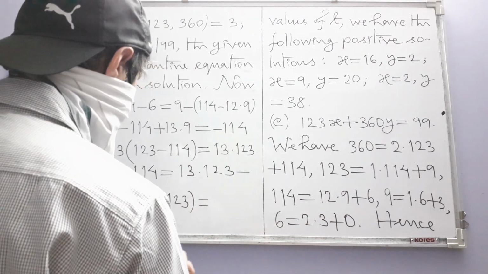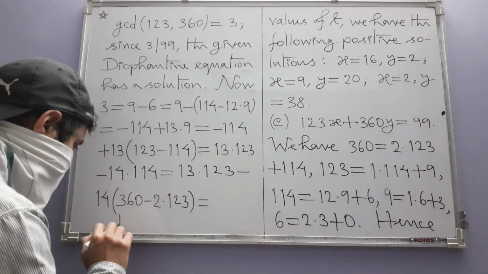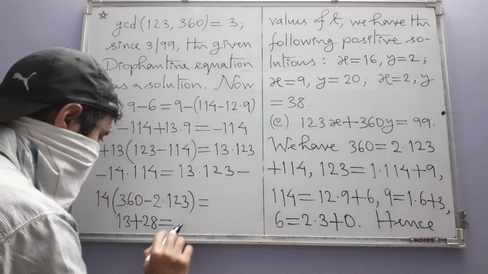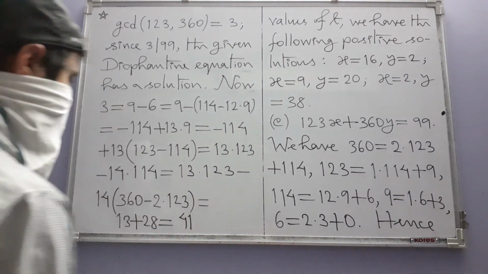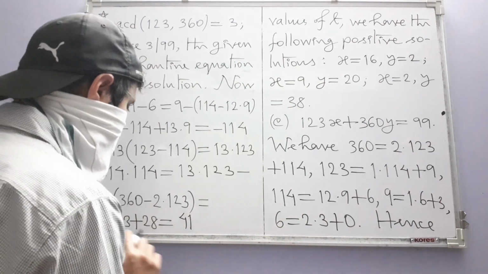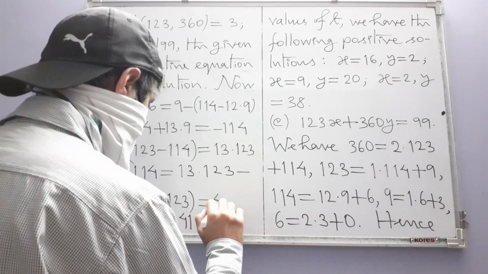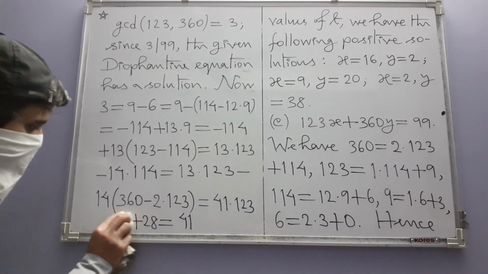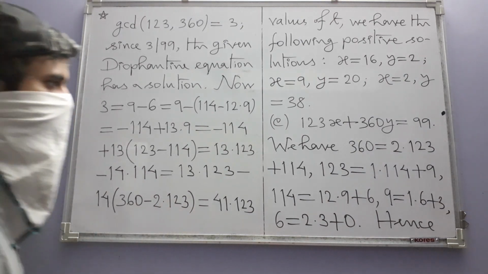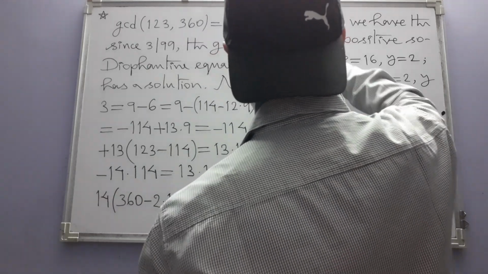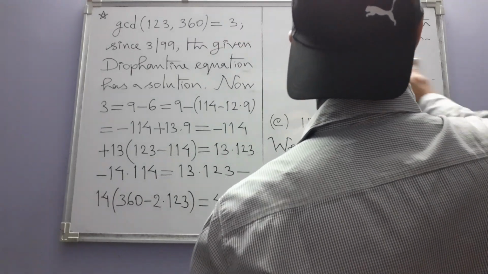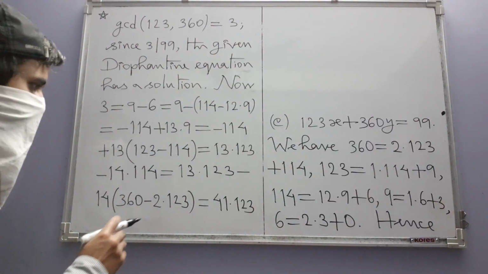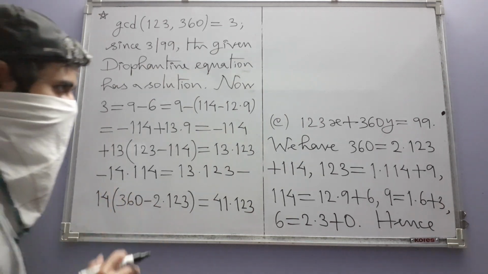I'm so bad with this sort of mental calculations. 13 plus 28, 41. Okay, I cannot do it unless I write it down. 123, and plus 14 times 360.